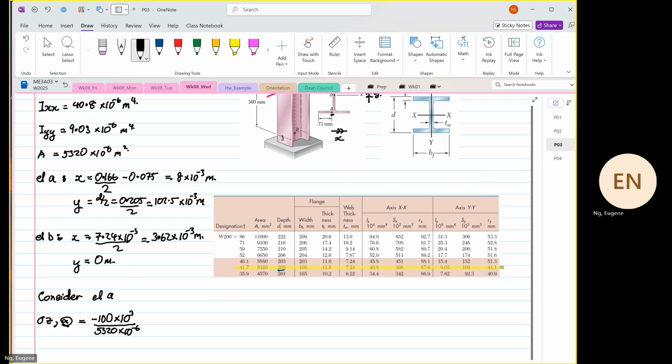Okay. So the next thing that we're going to consider, we are going to consider moment about y over Iyy multiplied by x. Okay. So let's put in the numbers first.